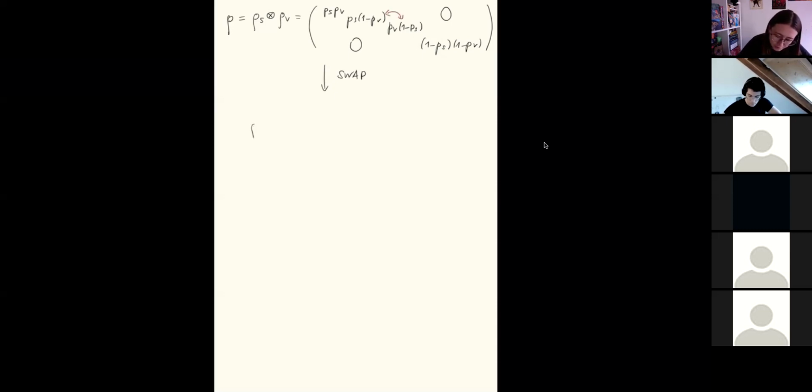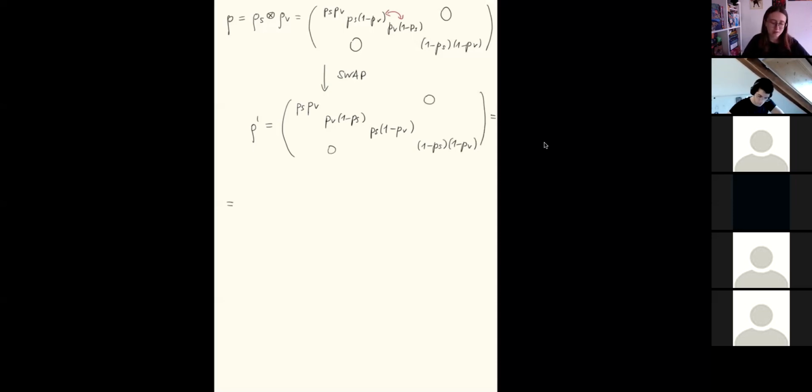And we end up with the state rho prime, in which the first term stays the same, these two are exchanged as indicated above, and the last one stays the same.